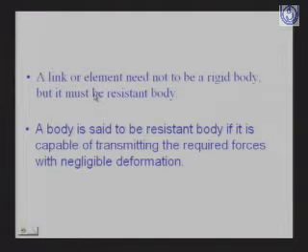Similarly, a link which we are studying here need not be a rigid body, but it must be a resistant body. That means it is rigid for the purpose for which we have considered it.